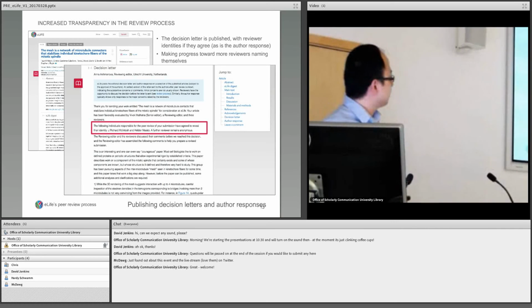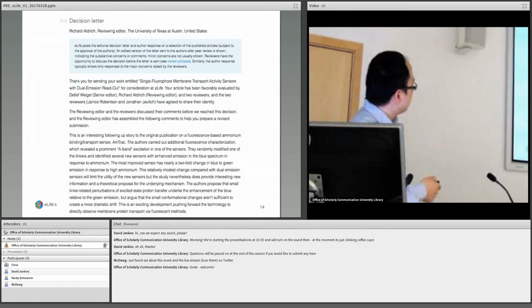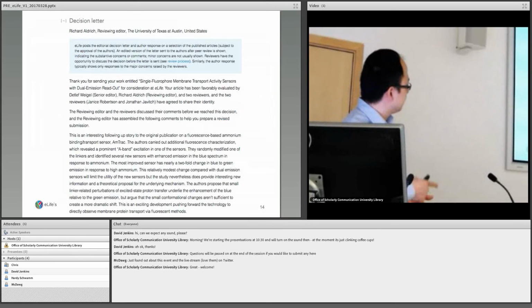Here is an example of a decision letter where the reviewing editor, the senior editor, and reviewers all have agreed to share their identity. This helps with transparency.